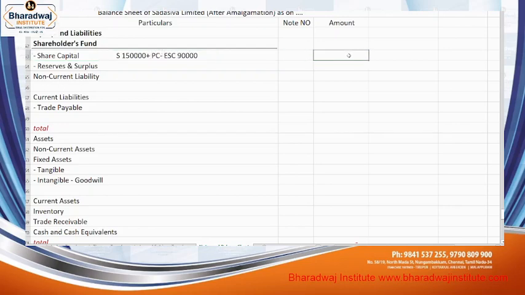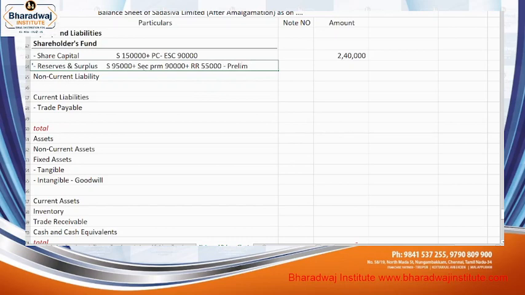How much? Reserves and surplus. Purchasing company, Sadashiva, how much is there? Plus securities premium. Plus revaluation reserve. 55,000 minus preliminary expenses. 2,37,000.